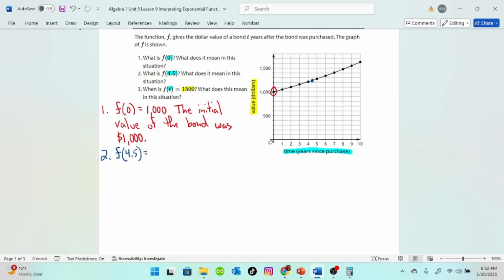If we look at the numbering, we have 1,000, this would be 1,100, then 1,200. So this point is between 1,200 and 1,300. So we could estimate this to be 1,250.